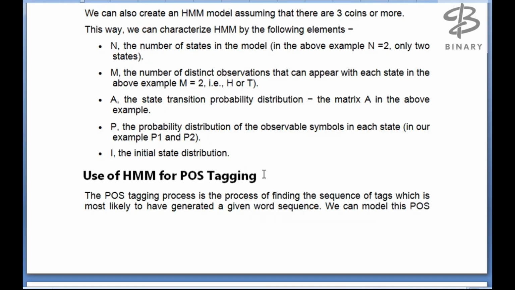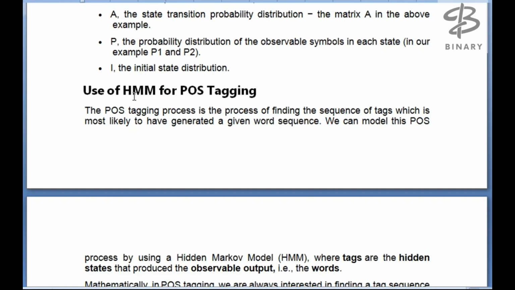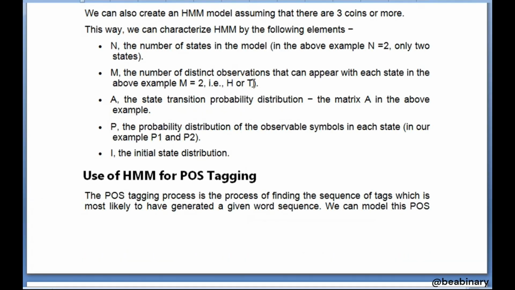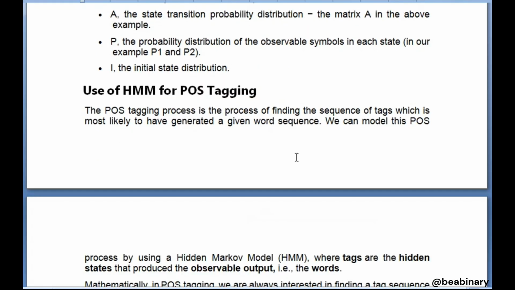So what is the use of HMM for POS tagging? The process of finding the sequence of tags which is most likely to be generated. That is why we use HMM with all these characteristics.